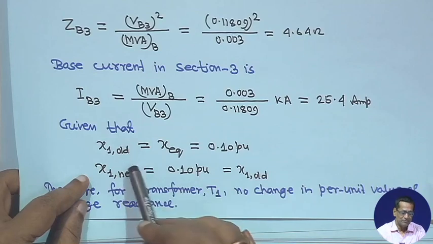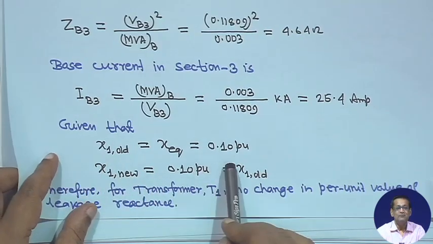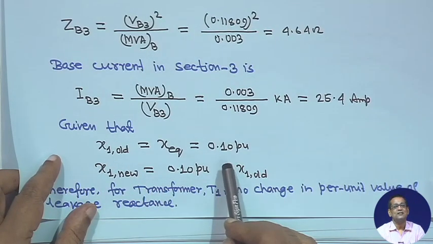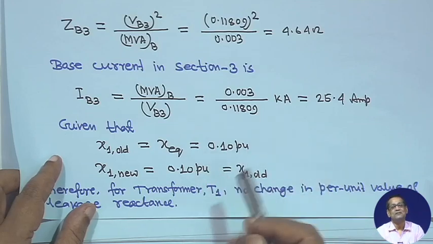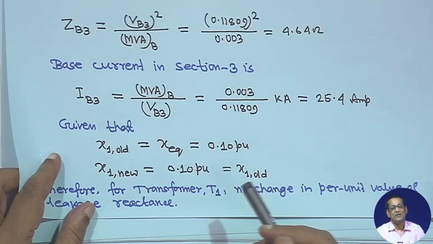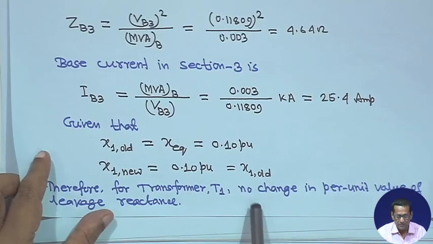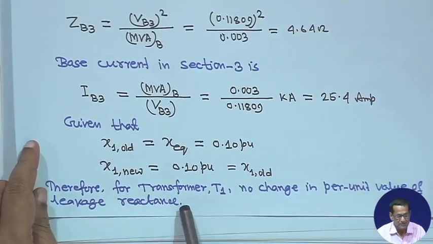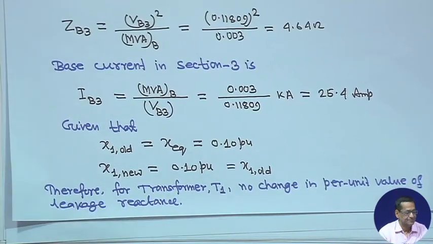So, for transformer T1 this will not change, it will remain as it is, because the transformer rating itself has been taken as the base, both voltage and volt-ampere. Therefore, for transformer T1 there is no change in the per unit value of leakage reactance.